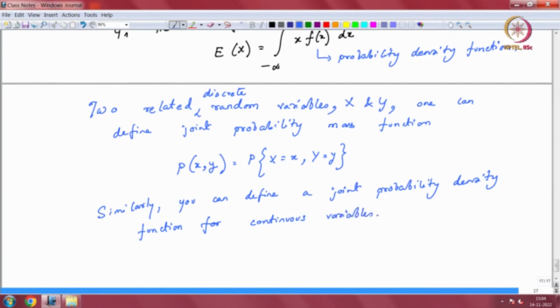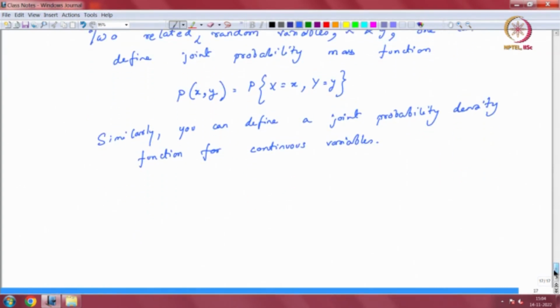I am not writing x and y, it is understood that it is for x and y.